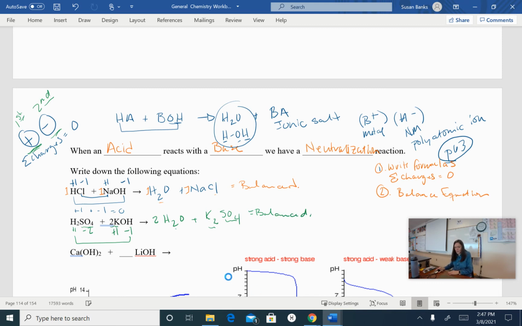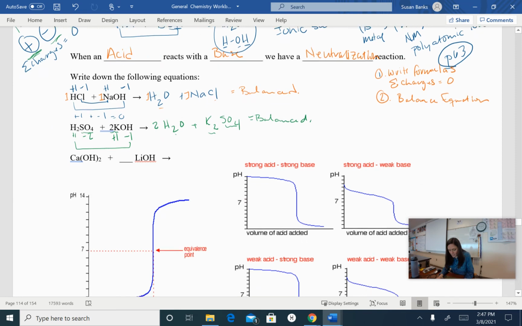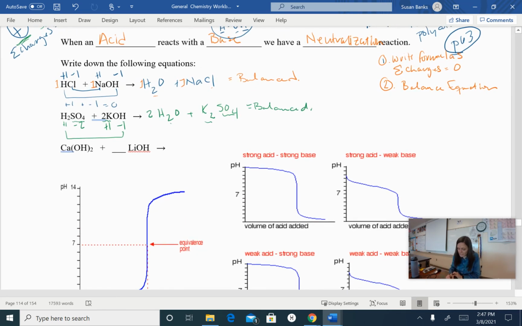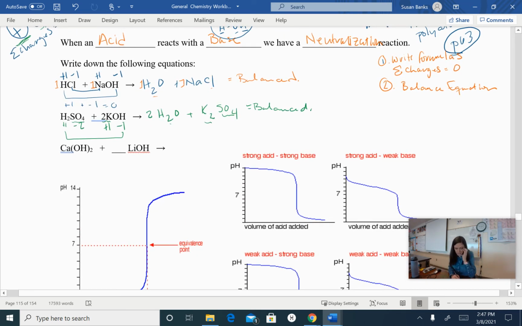Okay, now let's look at this next one, calcium. We've already said that we've got hydroxide, right? Right here. That's a -1 and a -1. Okay? So we've already done that.